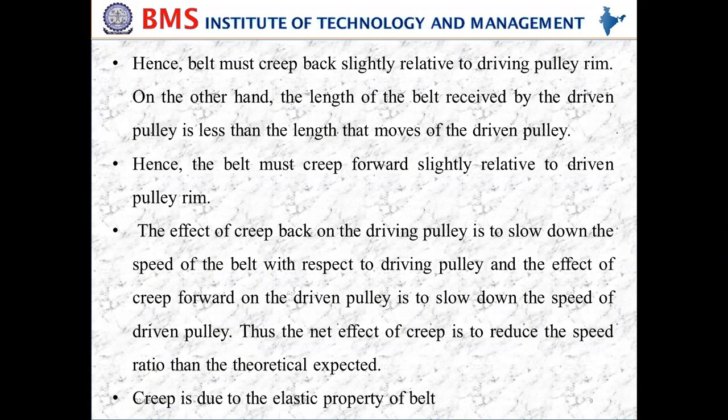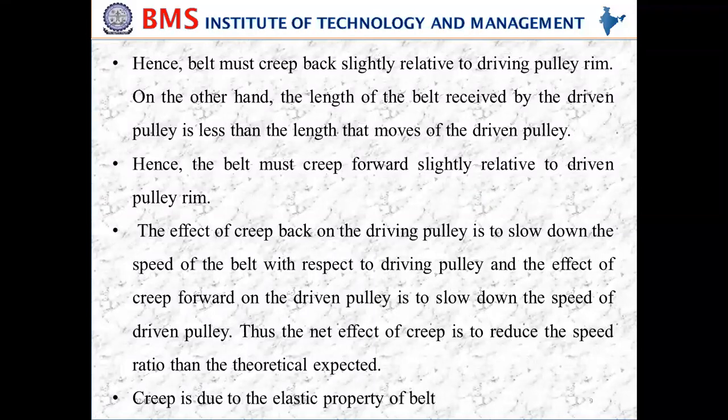So if there is insufficient frictional grip between the belt and pulley, then slip is going to occur. Whereas creep, as we discussed, is an elastic property of a belt. Because of the elastic property of the belt, creep is going to occur, because on the tight side the belt stretches more, whereas on the slack side it stretches very little.